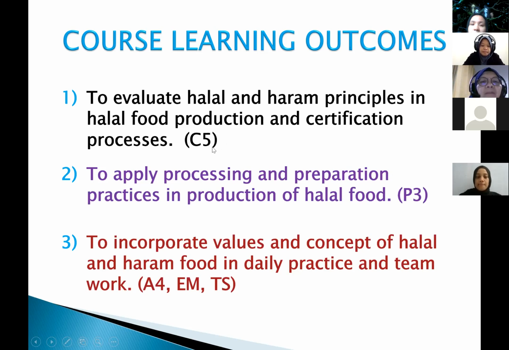For this course, the cognitive level is up to level 5, and we have psychomotor P3 here. The psychomotor is symptom psychomotor. You don't have to do lab. We just apply the halal concept in production of halal food. And then we have affective domain A4, and the soft skills, ethic and moral, and team spirit, working in group.